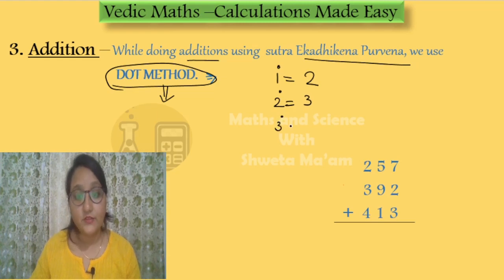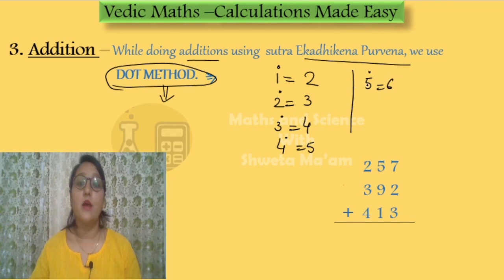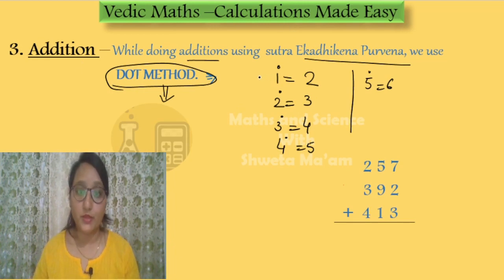In the same way, 3 dot will be considered as 4, 4 dot will be considered as 5, 5 dot will be considered as 6. Okay, so this is the dot method we will be using in doing the additions using this Ekadhikena Purvena method, right? So let us see how to do the additions using this dot method.